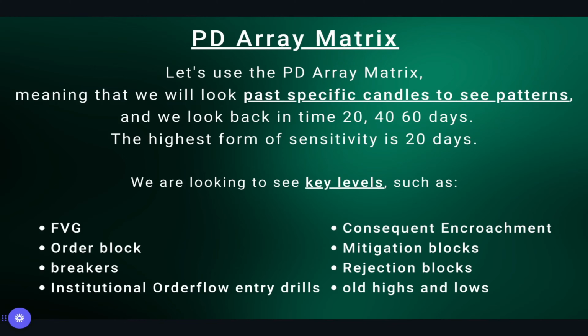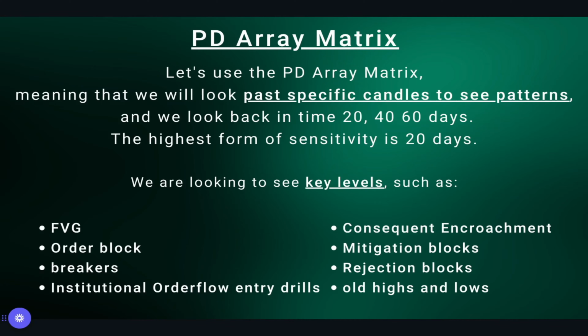ICT tells us to use the PD array matrix, meaning that we will look at past specific candles to see patterns, and we look back in time for 20, 40 or even 60 days. He tells us that the highest form of sensitivity we will see on the 20 days, so in the past 20 days.